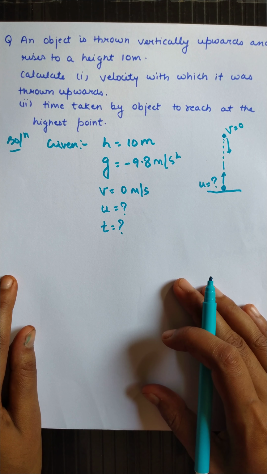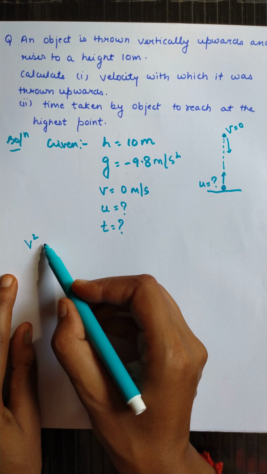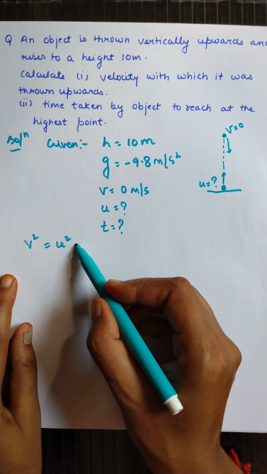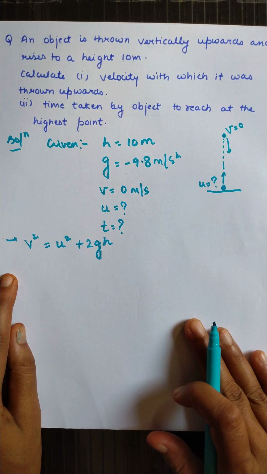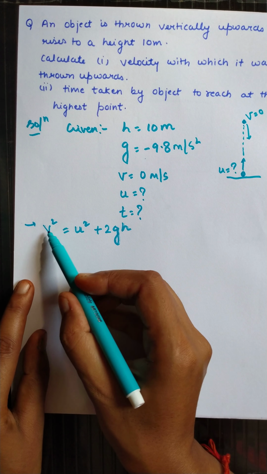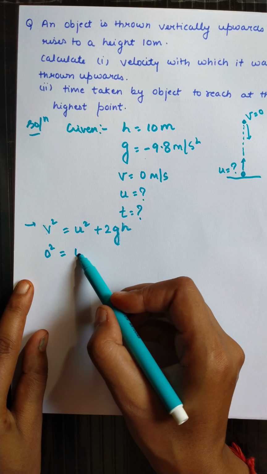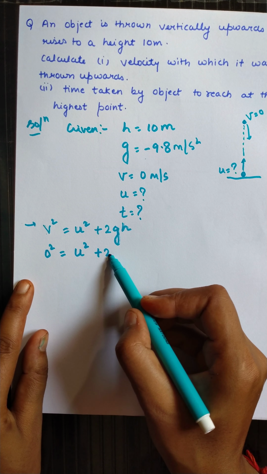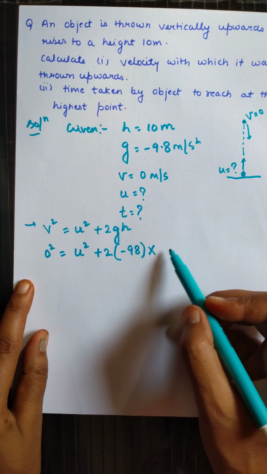You can use the first equation of motion or the third equation of motion, it's your choice. So we are using v square equals u square plus 2gh. So the value of v square will be 0 square equals u square plus 2 into minus 9.8 into the value of h, which is 10.